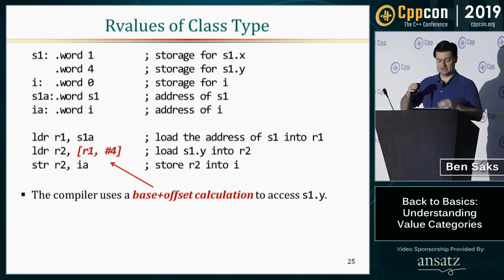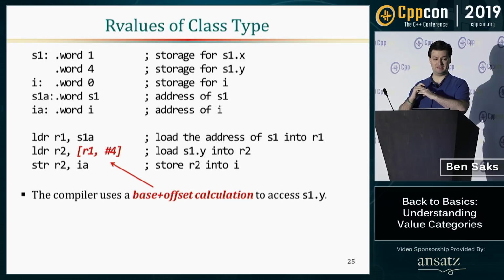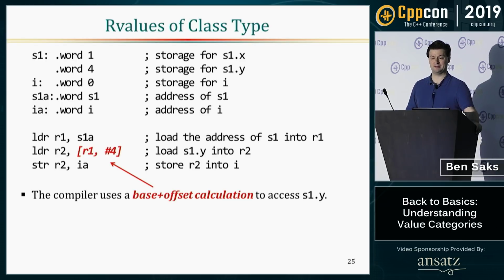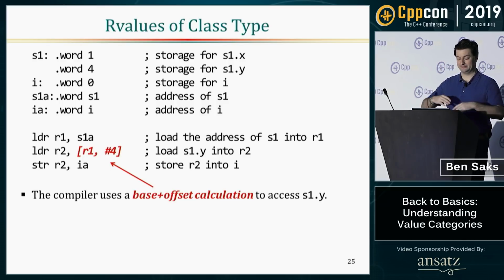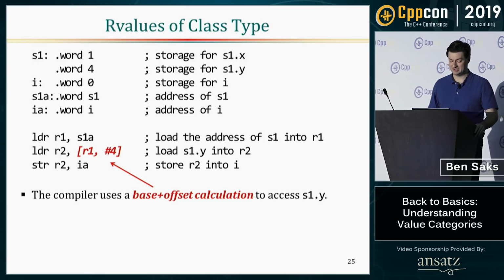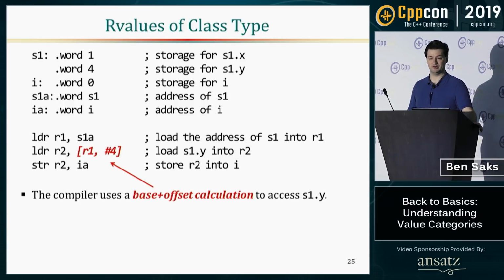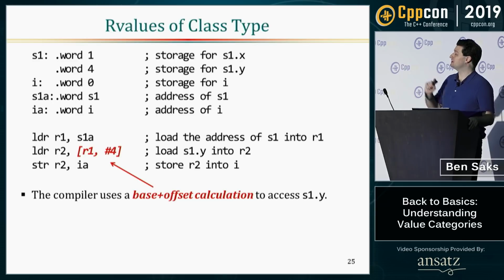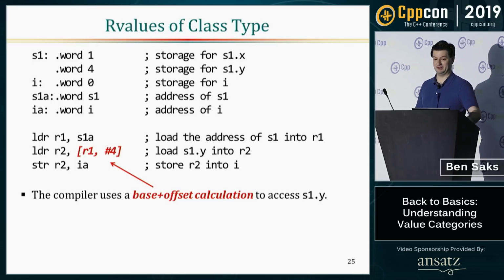And then it uses that register as the base address of the S1 object and performs a calculation using that base address to find the Y data member. And then it reads from that location into another register, R2. And then once it has that value, it can go ahead and store that value into the location designated by I. So there's this calculation going on that involves a base address.